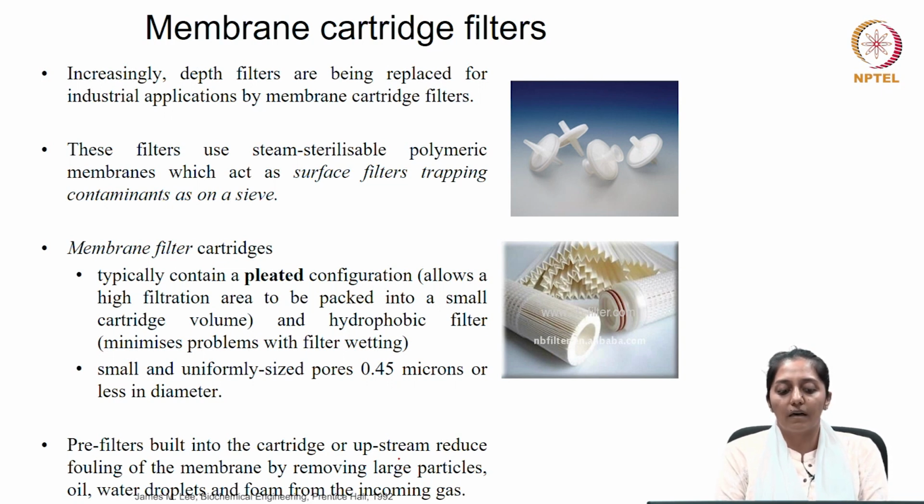Membrane filter cartridges typically contain a pleated configuration as shown in the picture here, which allows a high filtration area to be packed into a small cartridge volume, and hydrophobic filters will minimize problems with the filter getting wet. Small and uniformly sized pores, nearly 0.45 microns or less in diameter, are present on these membrane filter cartridges.